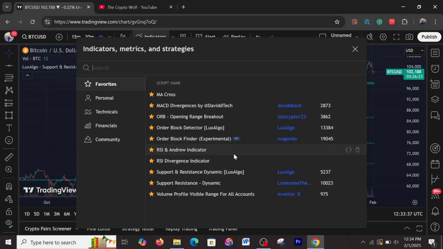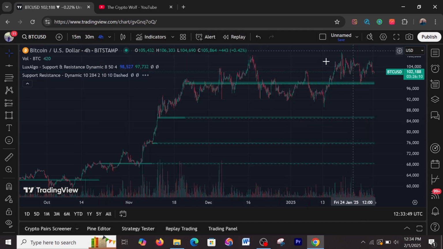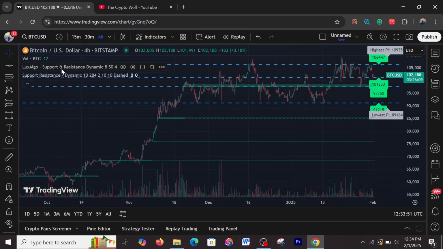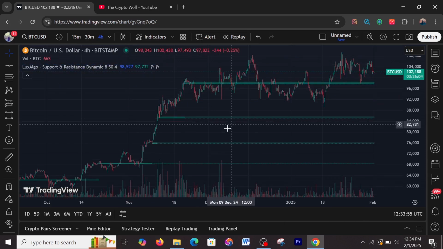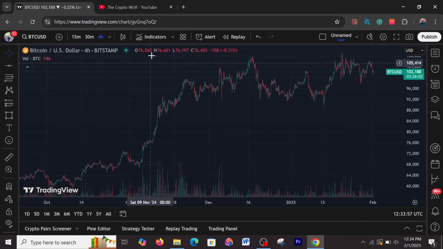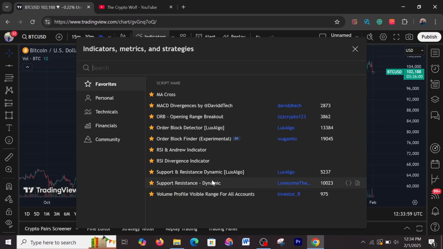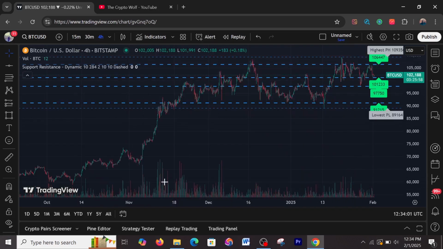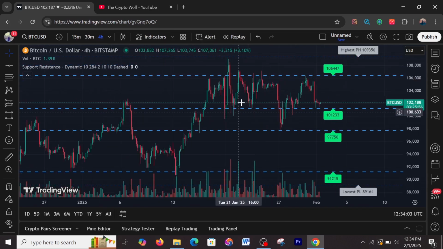So the next second indicator, still on support and resistance, is the support resistance dynamics by this guy. So click on this. It will literally show you dotted areas of support and resistance with the price.